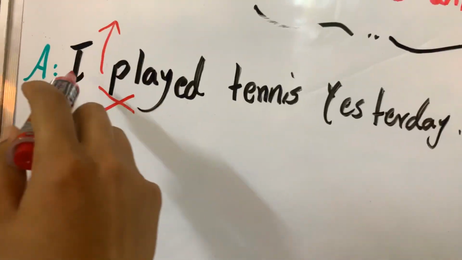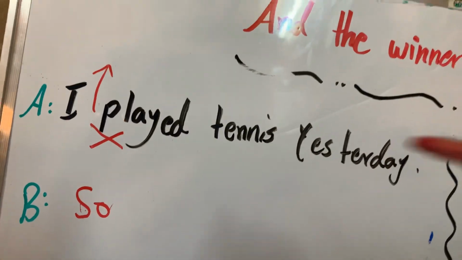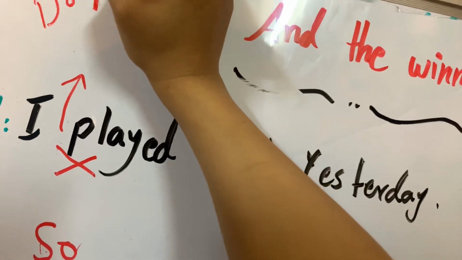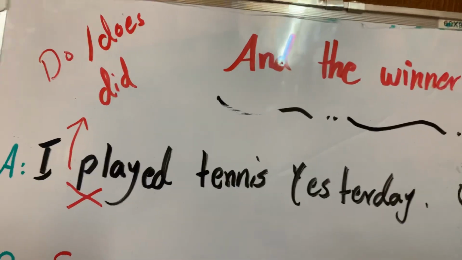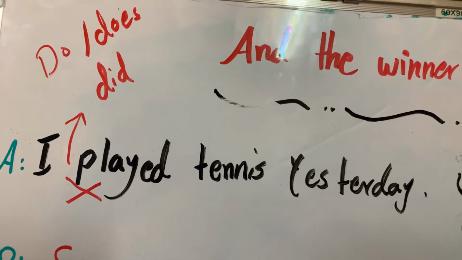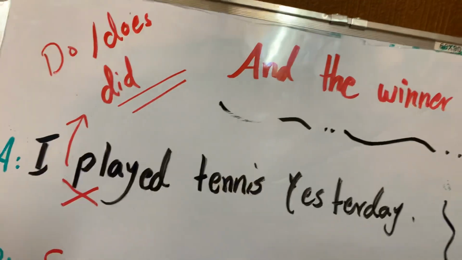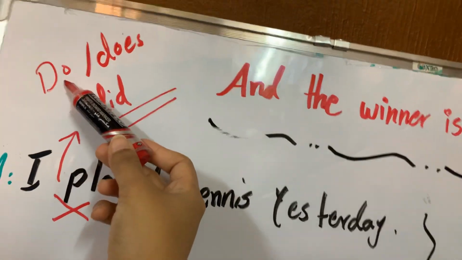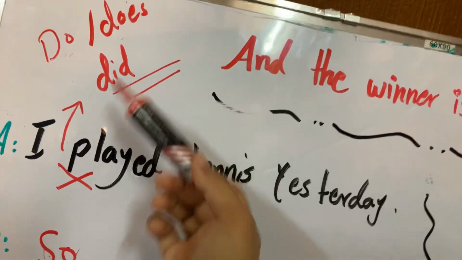If you don't have a helping verb at all, you will use one of three: do, does, or did. Okay? You will use one of these three helping verbs if you don't have one in the sentence. Do is present plural, does is present singular, did is past.